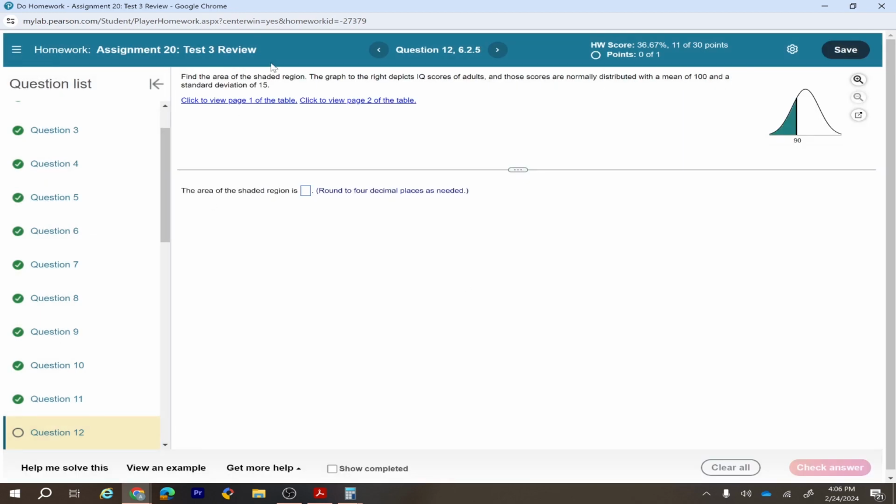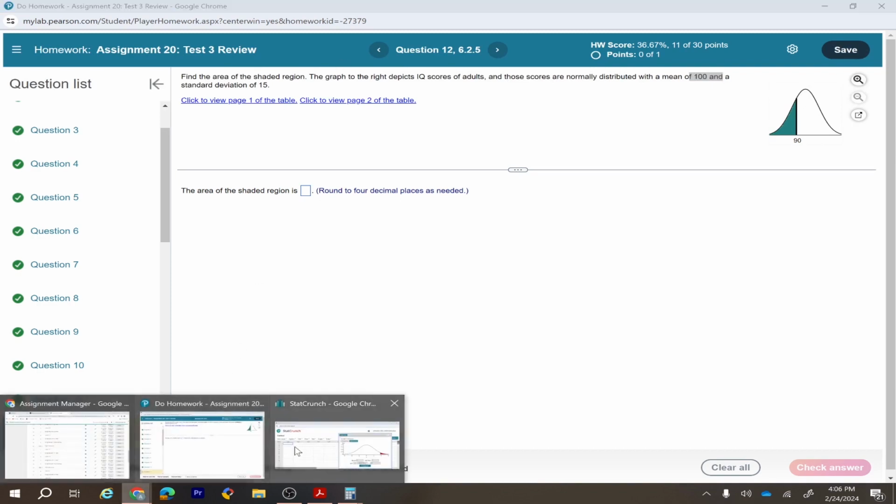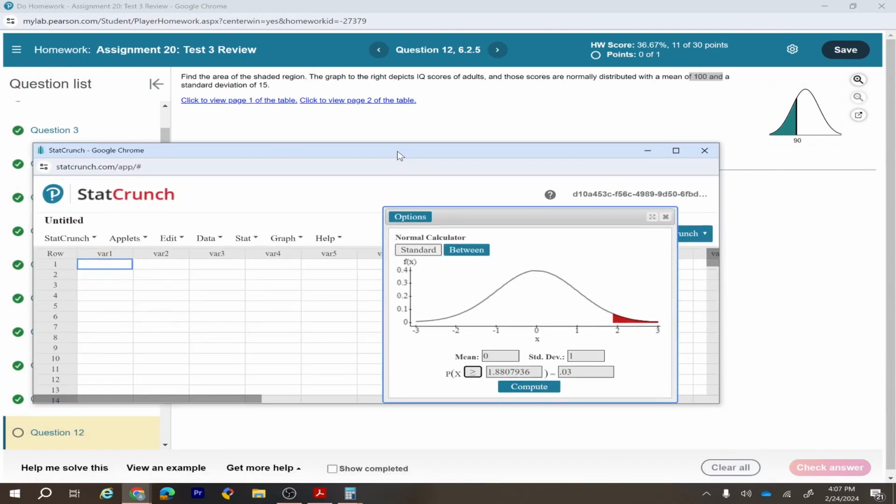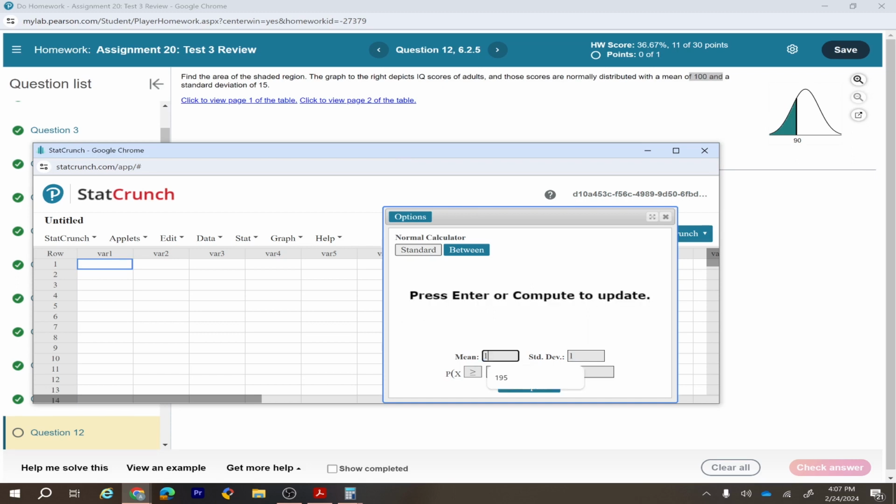Find the area of the region where the IQ value is less than 90, for data which is normally distributed with the mean 100 and standard deviation 15. We can go to the normal distribution calculator and use the values. Mean is 100 and standard deviation is 15.